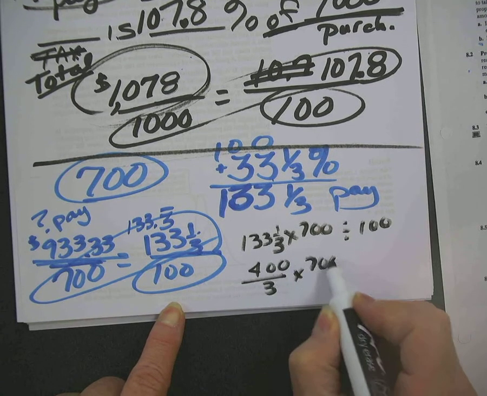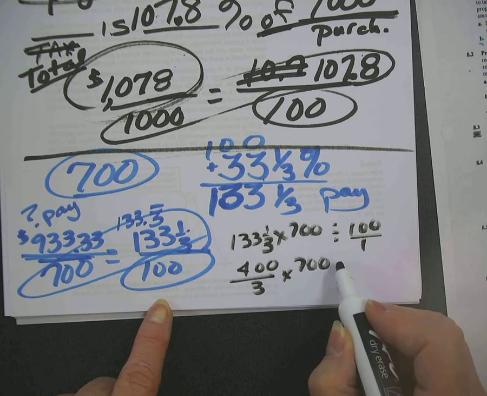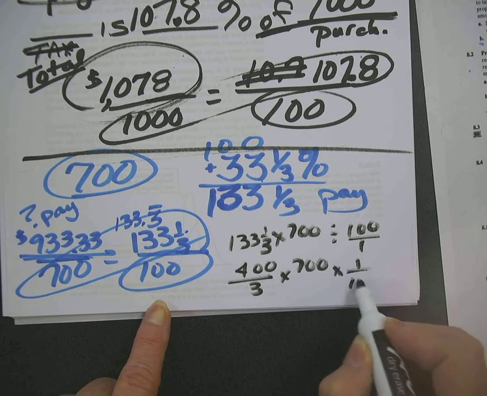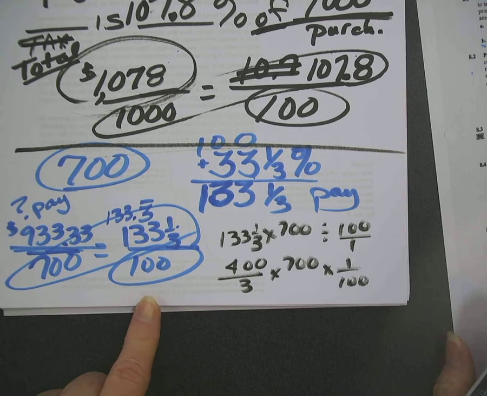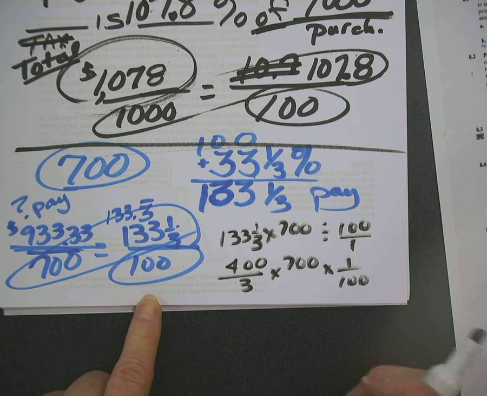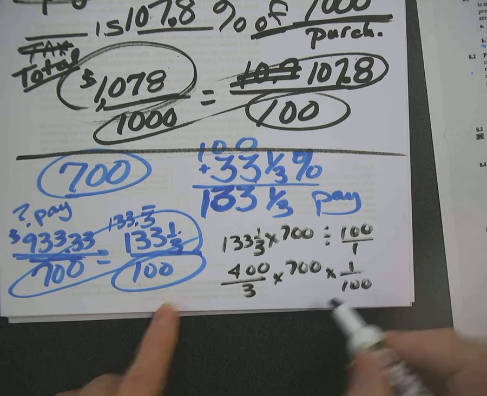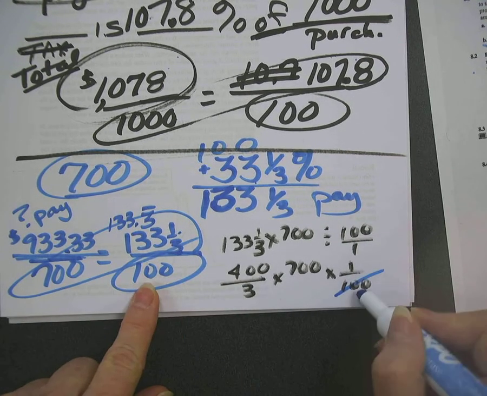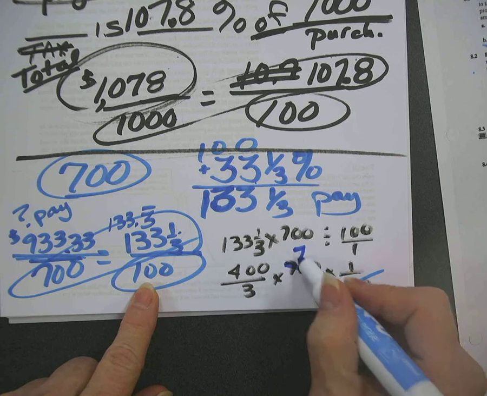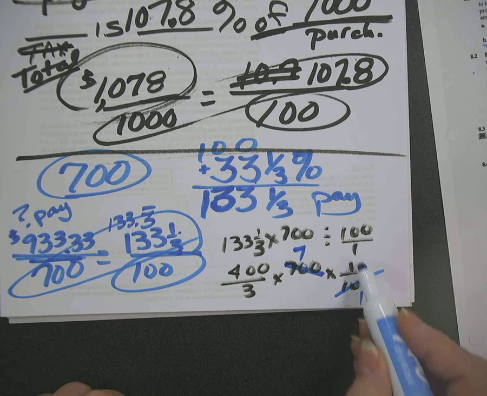Thirds times 700, and then times 1/100. So if you want exact, you would actually have to do the fraction thing. Divide by 100, and 100 goes into 700 seven times.